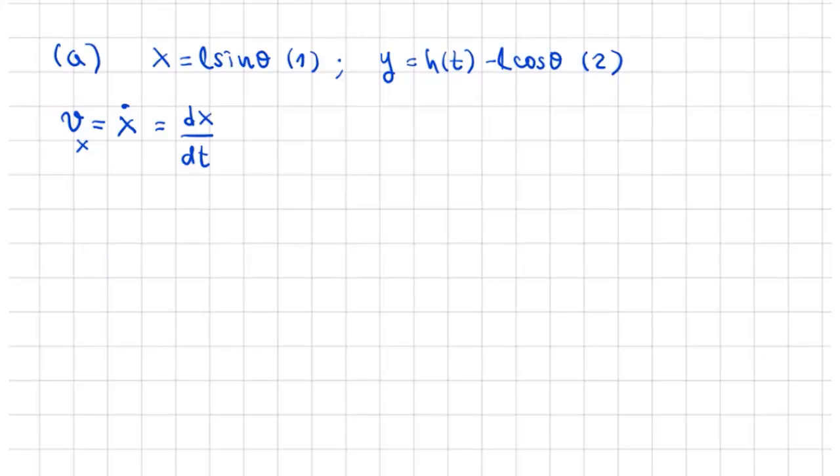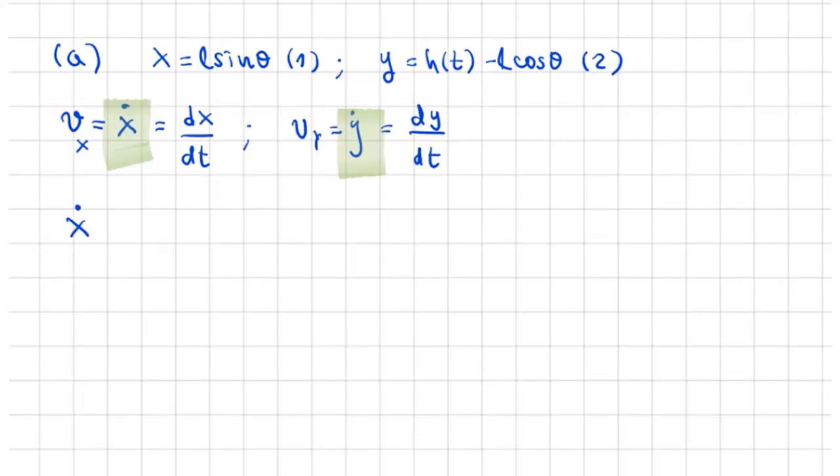So the velocity along the y-axis is y dot, equal to the derivative with respect to time of y. We are going to use this dotted notation to write down the velocities.